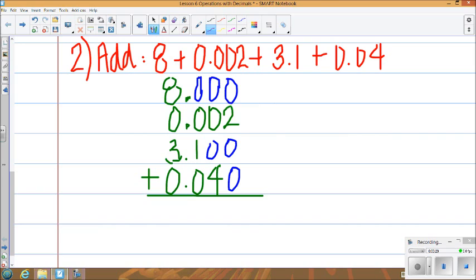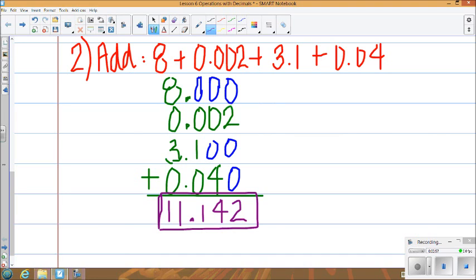So I have 0 plus 2 plus 0 plus 0, we get 2. Zeros all the way down plus 4, we get 4. We get 1. We add, keep that decimal place, and then 8 plus 3 gives me 11. So your answer for this is 11 and 142 thousandths. Okay, so that's it for that.